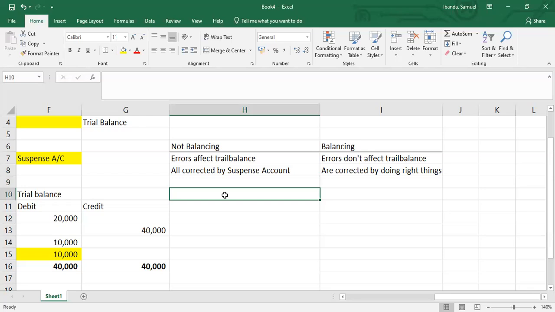Now, I just want to give you some examples here. Errors that affect the trial balance. Definitely we have the error of single entry. I hope you've heard about that error of single entry.